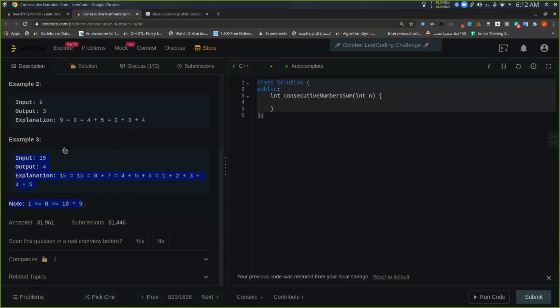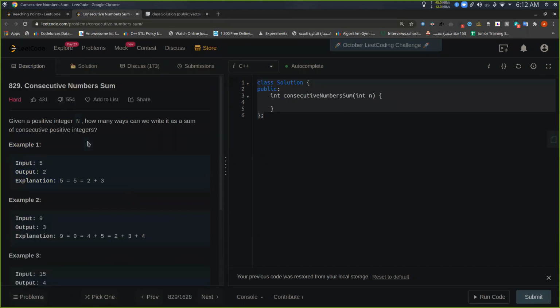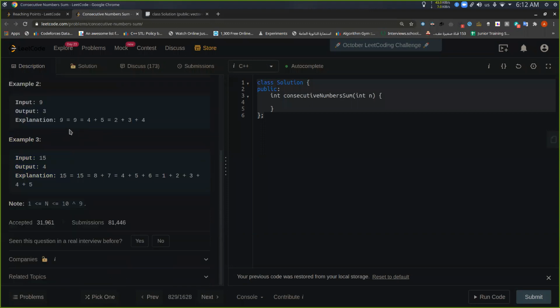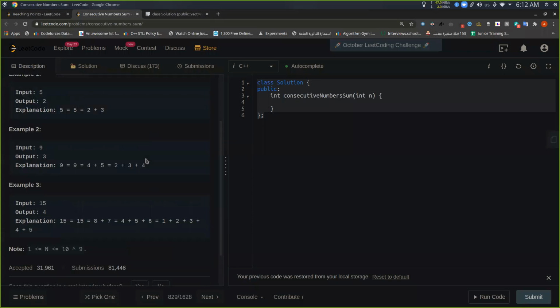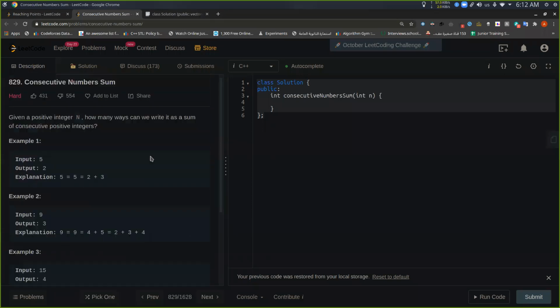Okay, so everything is possible, but for this problem, it's easier than this. We might try to boil this down to an easier thing.